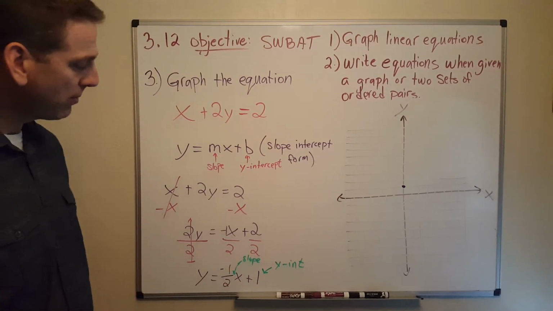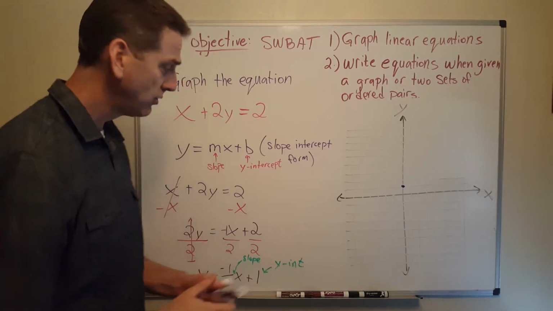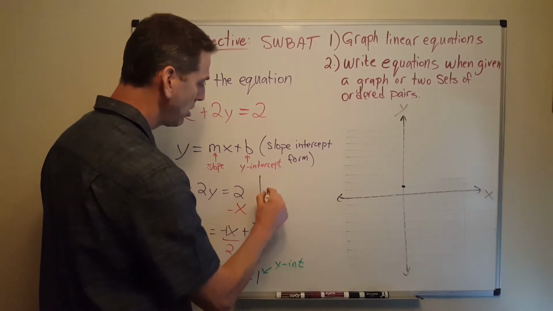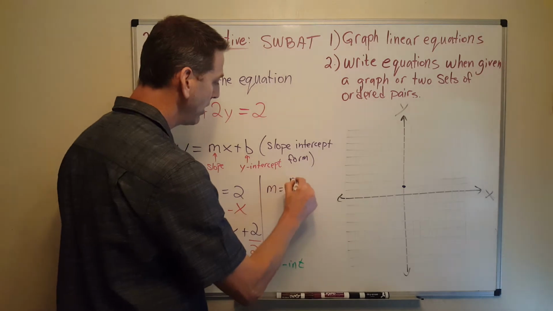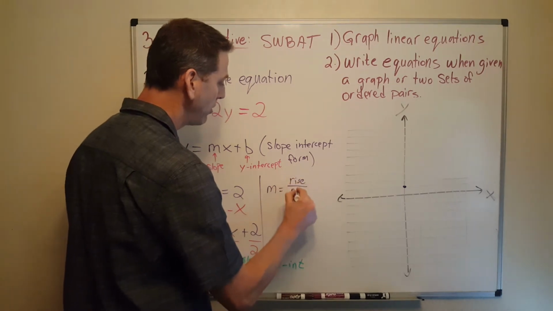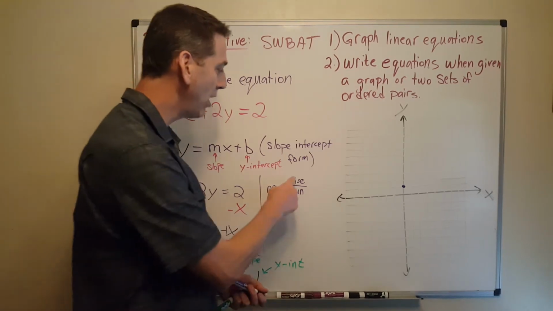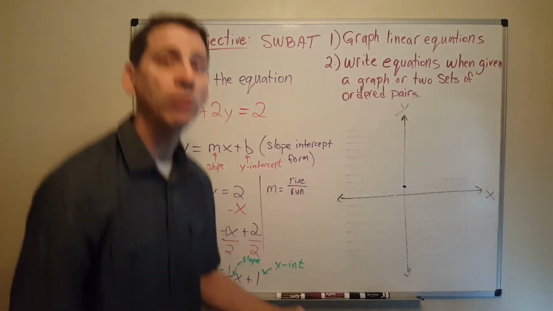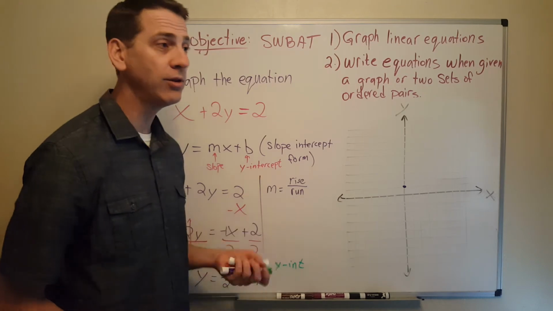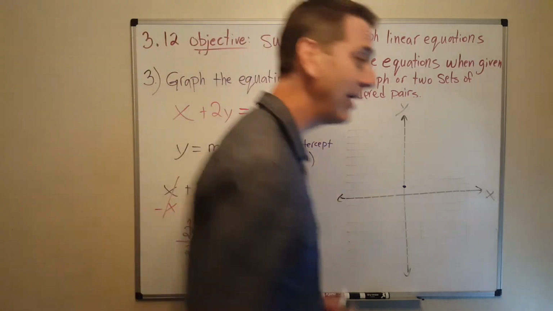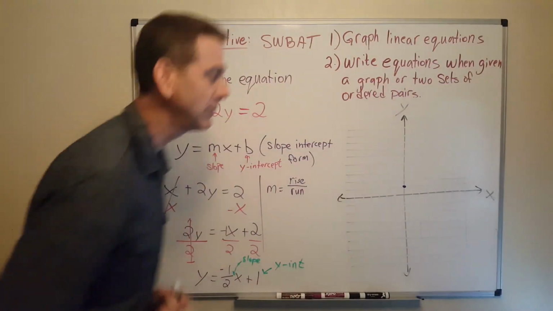Okay, so remember what slope is? Slope is just rise over run. What do we mean by that? Well, when you think about rise, it's like up or down. When you think about run, there's only one direction you can run, and that's frontwards, or I guess you can run backwards.